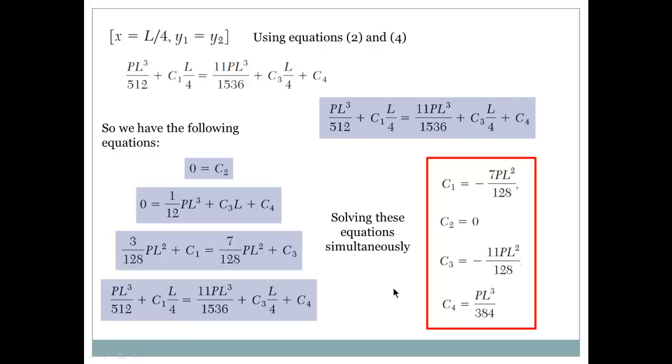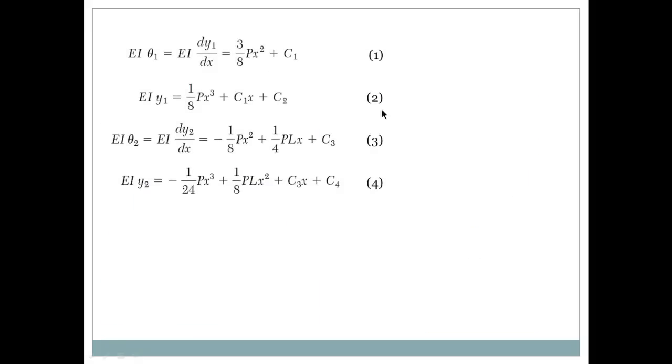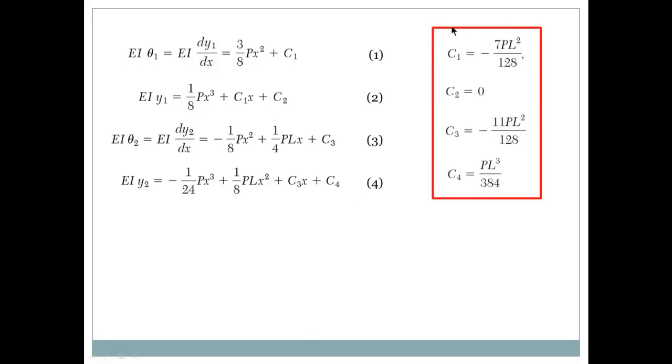Okay, so these are the equations we had before with the C1, C2, and so on, and these are the results we got from solving these equations. So theta 1 now equals theta 1 from equation number 1. We move the EI to the other side, and we have this.